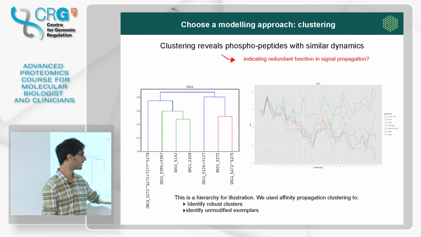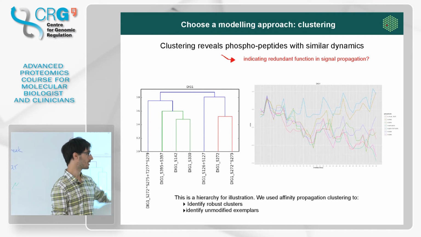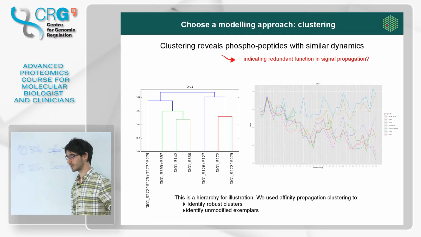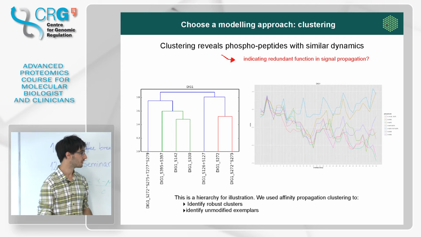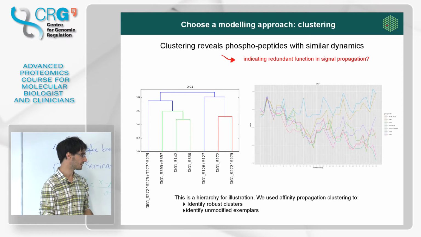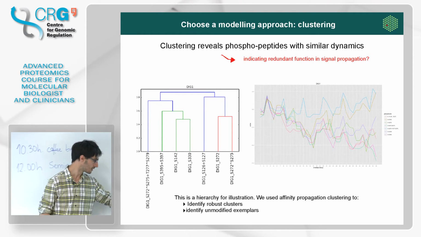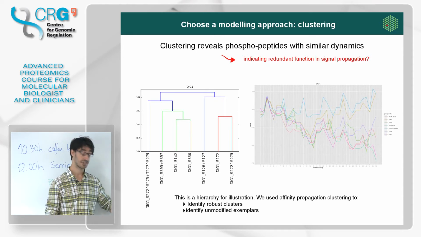So there's a way that you can be finding not only clusters but robust clusters, and to do that, one approach that I can recommend and that we can see later in detail at the hands-on is affinity propagation clustering. So it enabled us to identify robust clusters, and it has one more advantage.